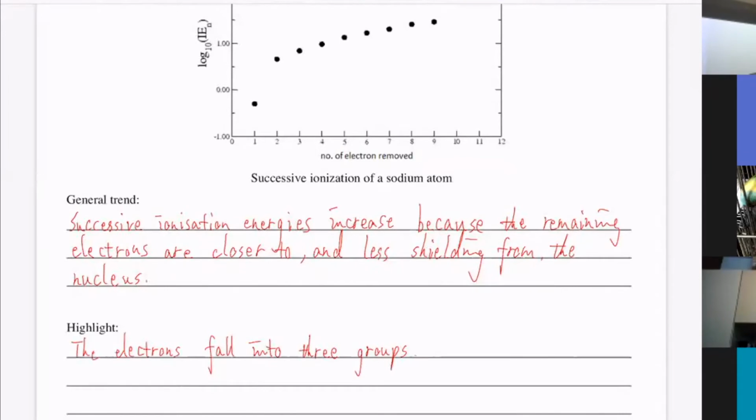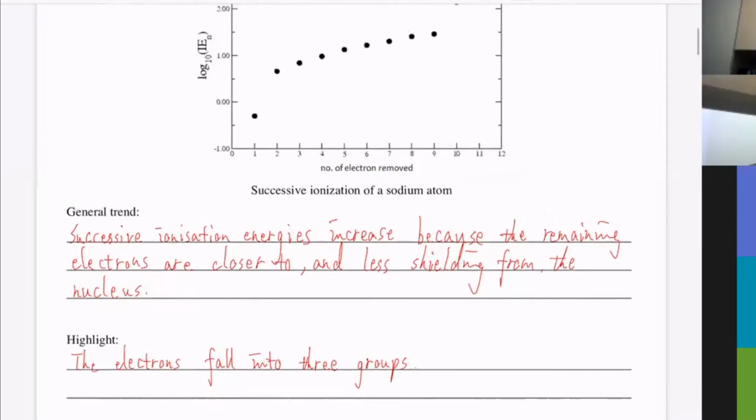When we remove the first electron, because it is the furthest away from the nucleus, only a small amount of energy is needed. So that's the first group.